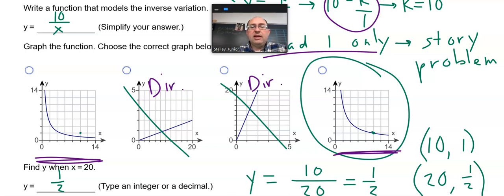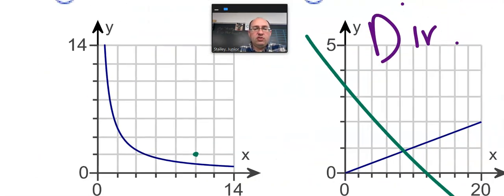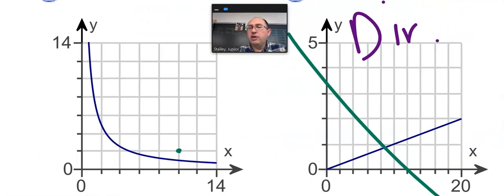Now, the next thing, so how do I choose between them? I need a coordinate. So let's make it easy. I plug in a 10. If I plug in a 10, I get 1. So let's take the coordinate 10, 1. Now, if you look at the first one, remember that everything goes by 2s.